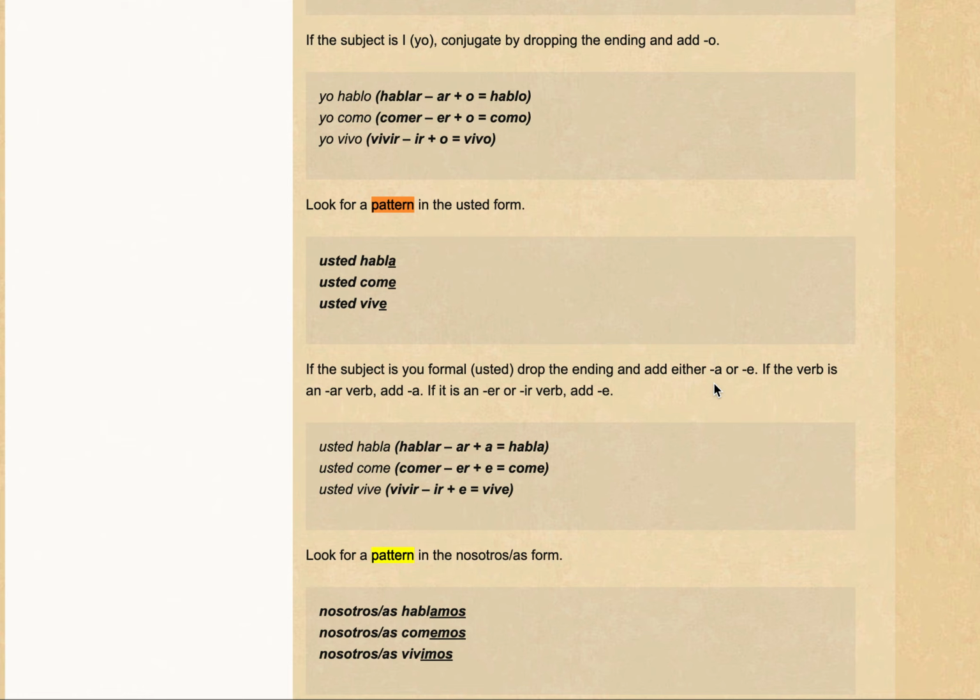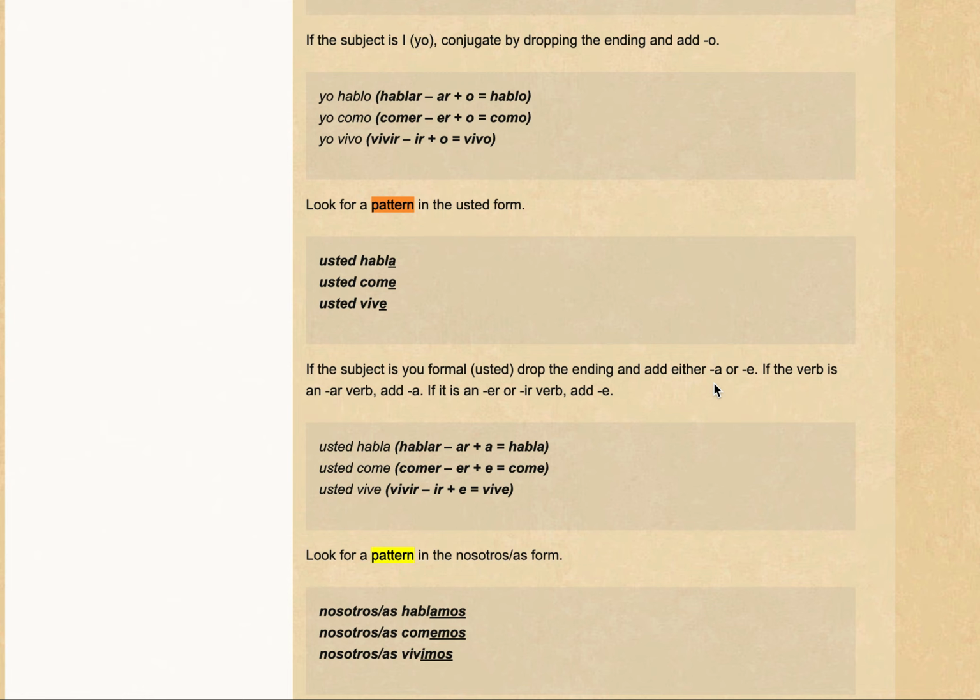I guess you could remember e by looking at usted, which obviously contains e, right? So you could remember it that way. So the verb is an AR verb. Which are the AR verbs that you have seen so far?